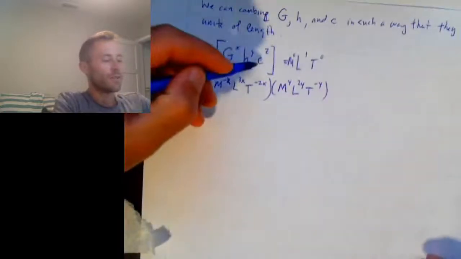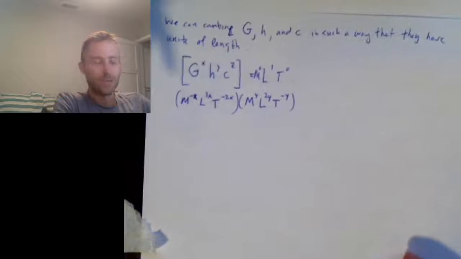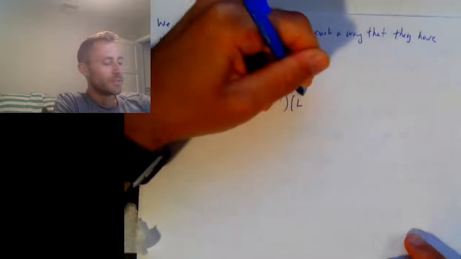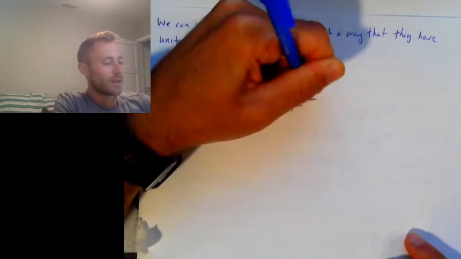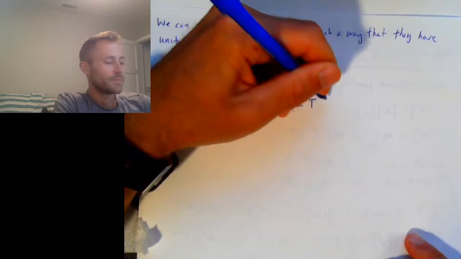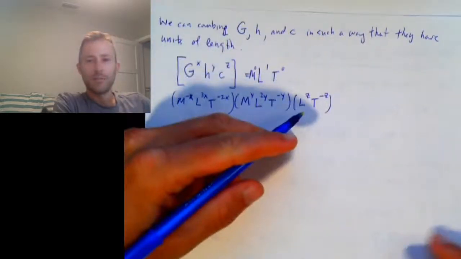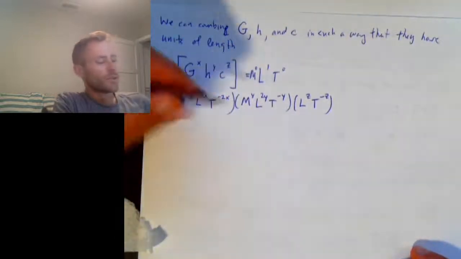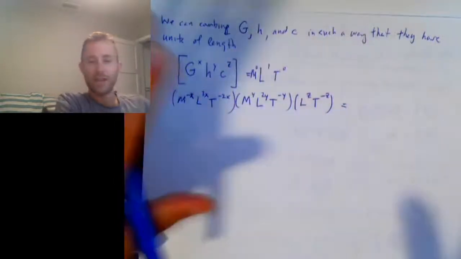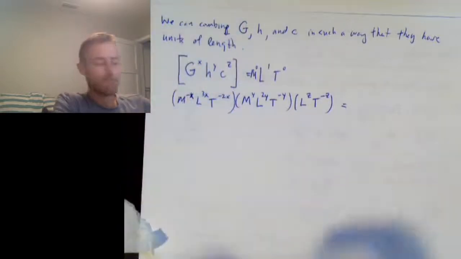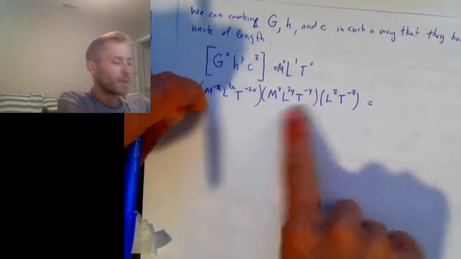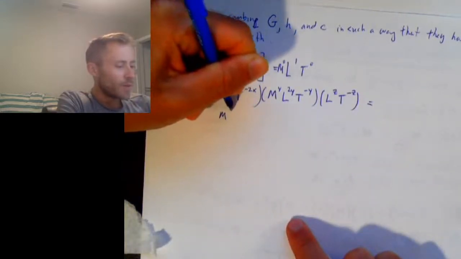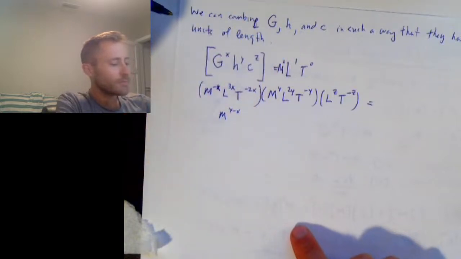And then lastly, we have speed of light to the zth power. So that's going to be length to the z times time to the negative z. All right? Because it's length per time to the zth power. So the units have to match. Okay? So I'm going to combine all these first of all. So I have m to the y minus x. Okay?